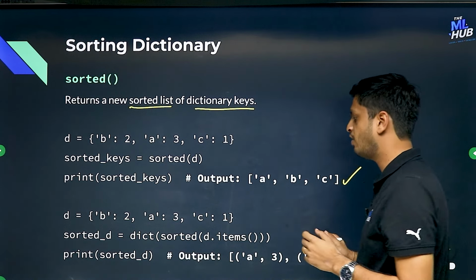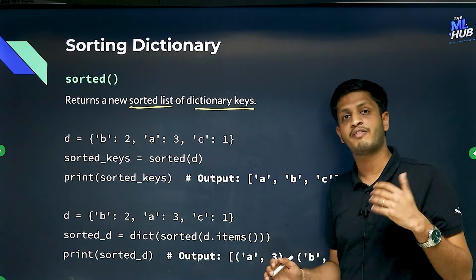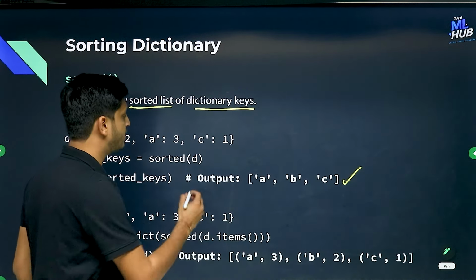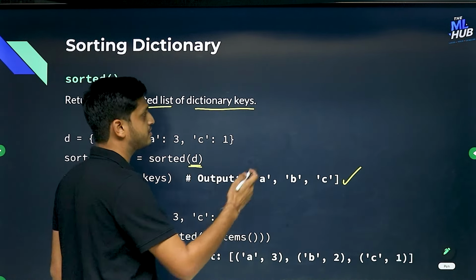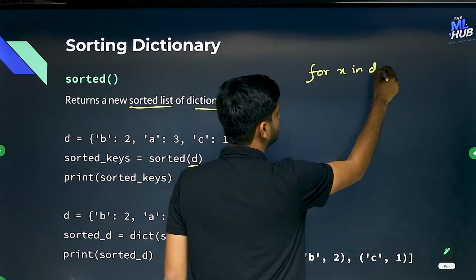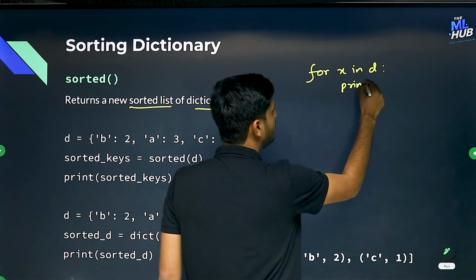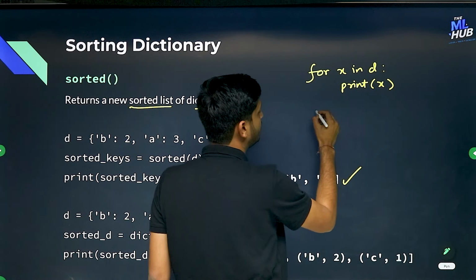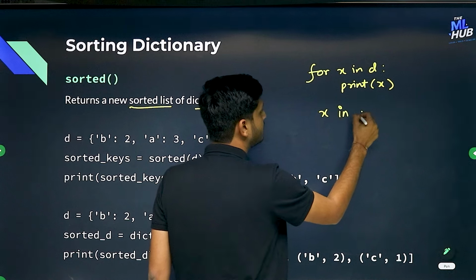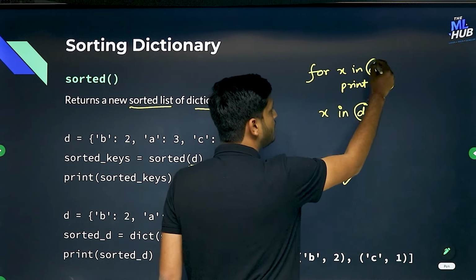Okay. Now if you want the key and value both, see why is this happening? Because the name of the dictionary by default only gives you keys. That is why when you iterate, if you say for X in a dictionary D, if you print X, only keys are printed. And even if you write the membership operator X in D, by default the name of the dictionary only gives you keys.